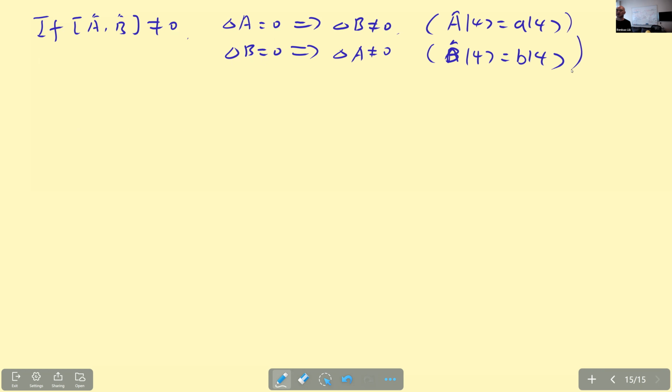So there are no simultaneous eigenstates, right?